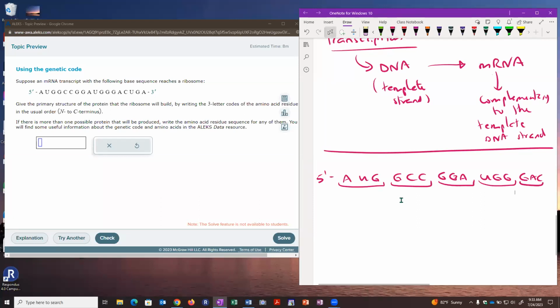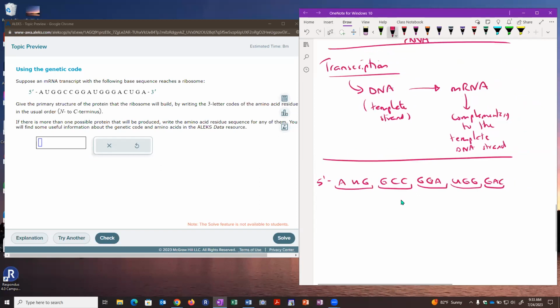So separate them out, and you can rewrite it on a sheet of paper in groups of 3. That would probably be the best way to approach this.